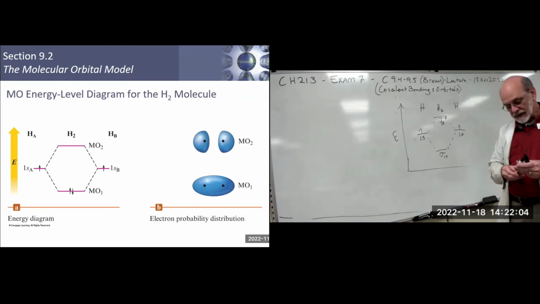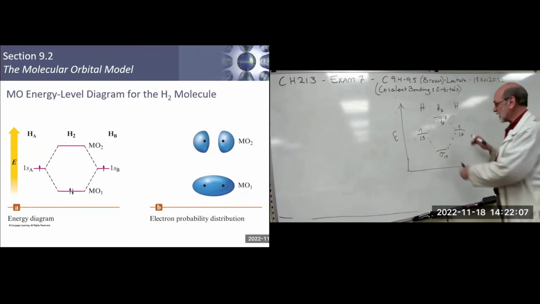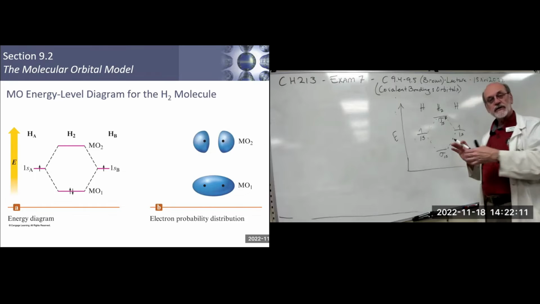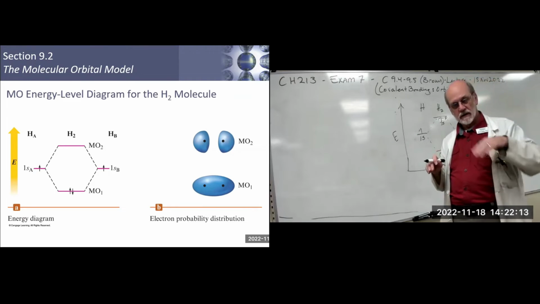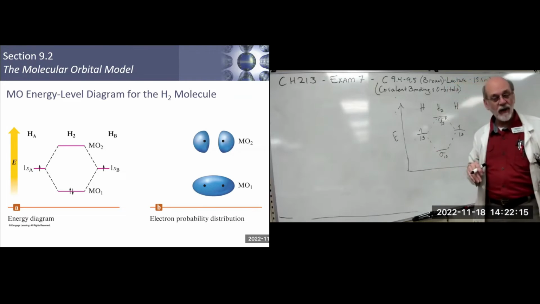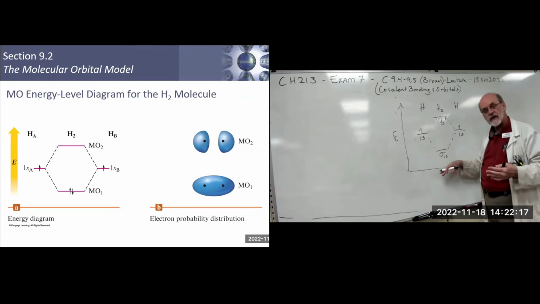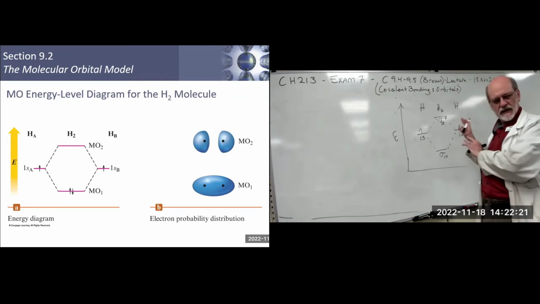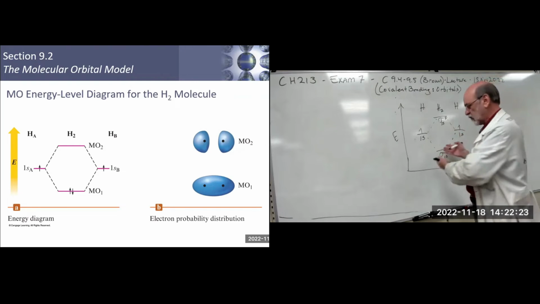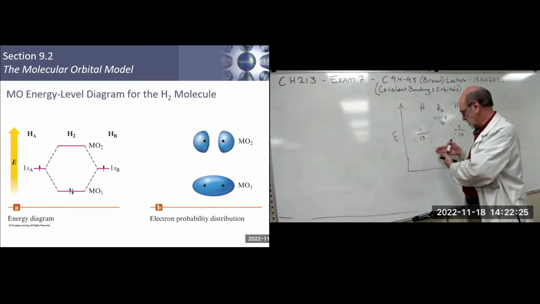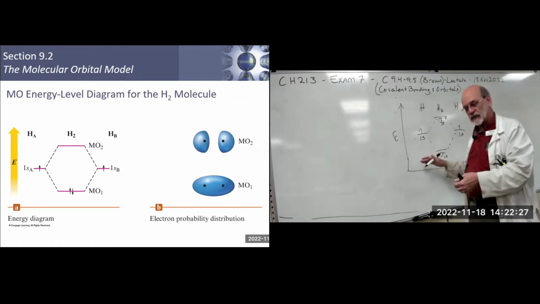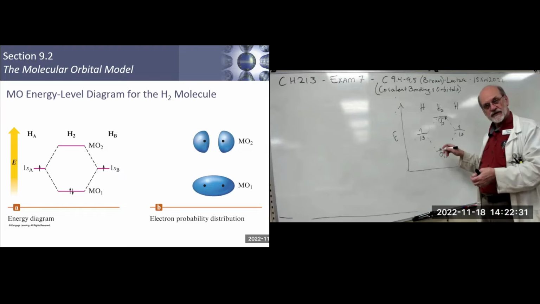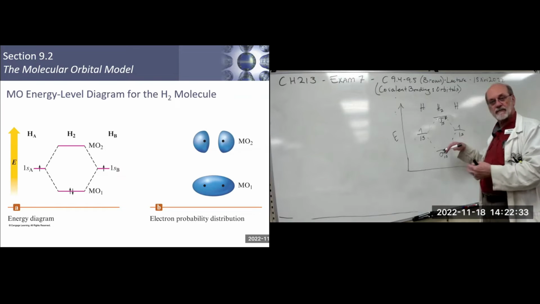Now, when we populate, when we move the electrons from the atoms to the molecules, we do so with Hund's rule. Well, the Aufbau principle, you go from lowest energy to highest, filling it up. And Hund's rule is not a problem here because we only have one orbital right here. But if we had multiple orbitals, then we would have to fill them up with a single spin in each one before we could go back and pair them up.